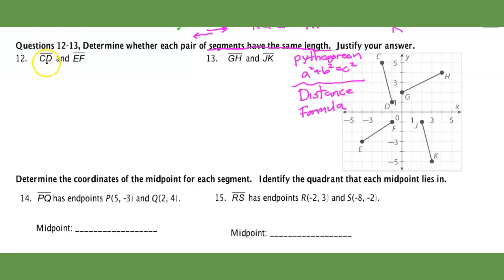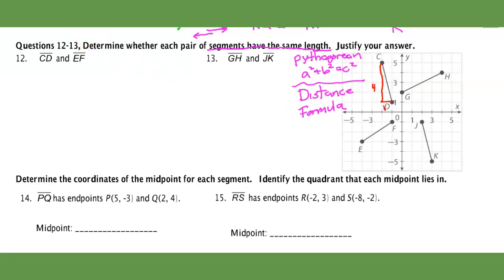So we're going to see whether these two are the same or different lengths. Okay, so let's look at CD first. CD, we have 1, 2, 3, 4 over 1, or run of 1, I guess.